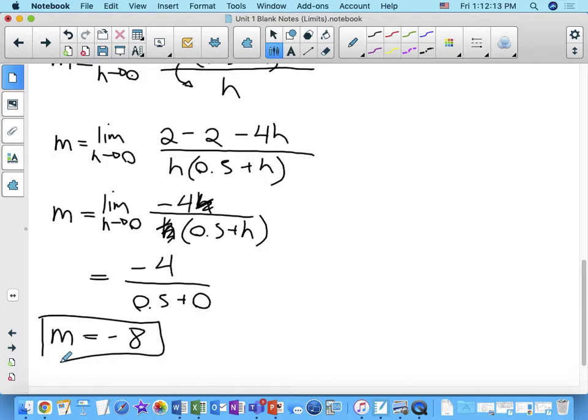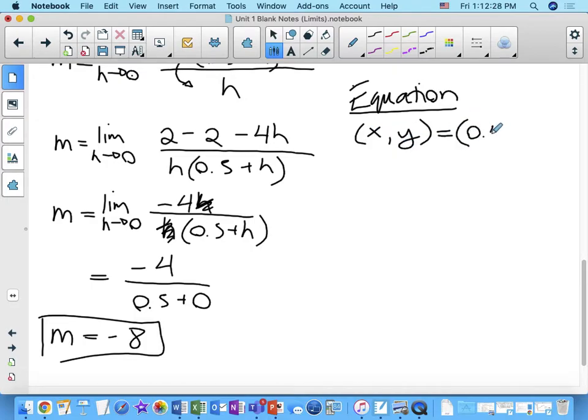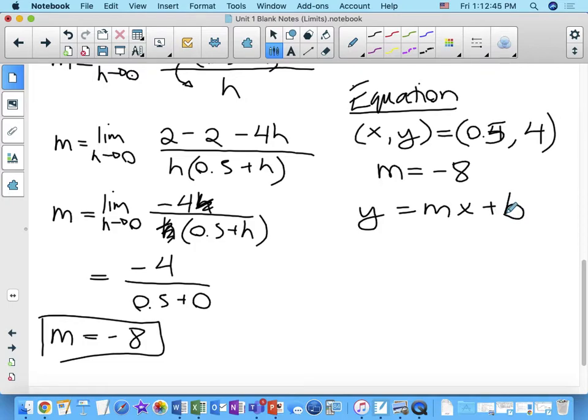Okay, so now to get the equation, right? Our x, y is 0.5, 4, there we go, and the m value is negative 8. Okay, so I can solve for b. And just plug in everything. 4 equals negative 8 times 0.5 plus b.